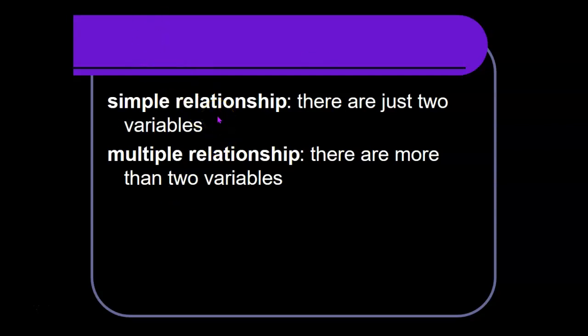But here we're going to stick with simple relationships, where we're just considering two variables at a time and how or whether they relate to each other. If you dug deeper into the subject of correlation, you would have to look into multiple relationships among all sorts of different variables in certain situations.